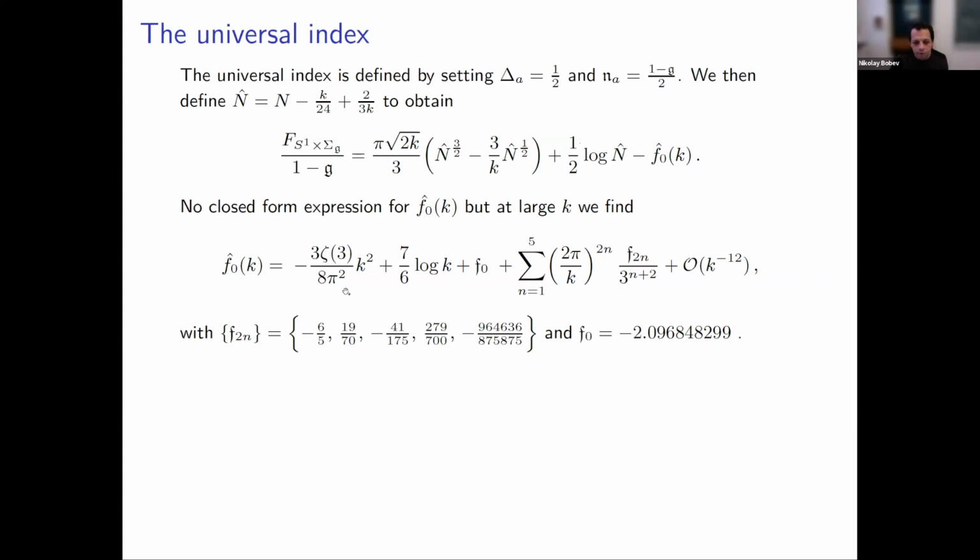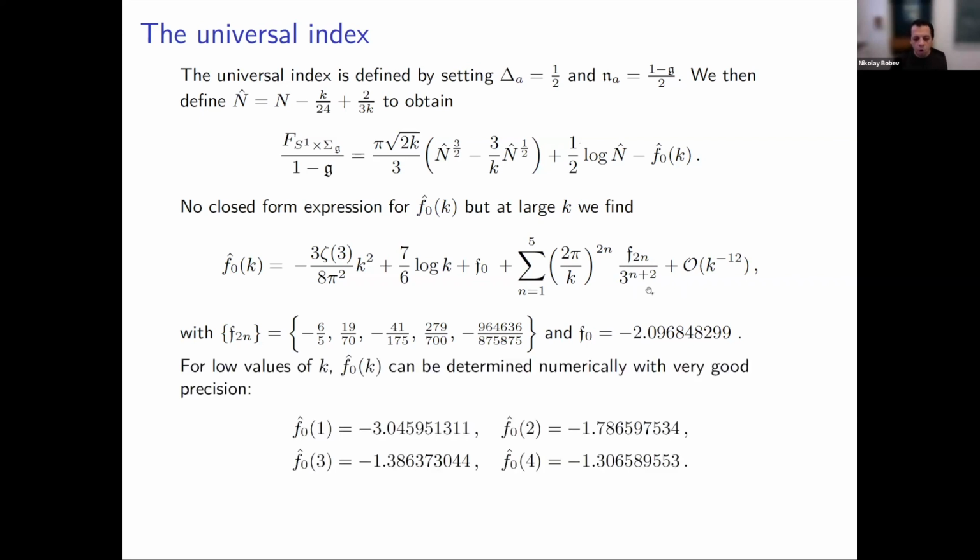Here we are able to expand it at large K and compute the first terms. If K is small, if K is 1, 2, 3, 4, we can compute this f0 hat to arbitrary precision, to like 30, 40 digits. So we have very good control over this, but we don't have an analytic formula, so to say.